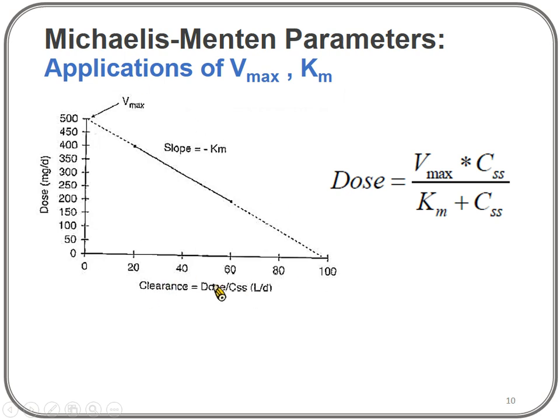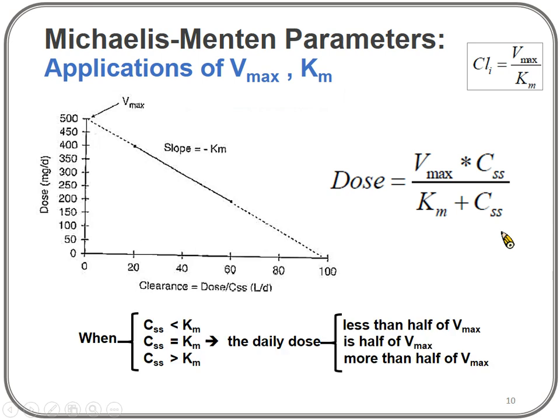The clearance to the daily dose, with the slope as the Km, and here you can see when the dose goes toward half of the Vmax, that is half of the maximum capacity that the enzymes can remove the drug in a day, right? So when the dose approaches half of the Vmax, then the Km at that time is exactly the amount at steady state concentration at that point.